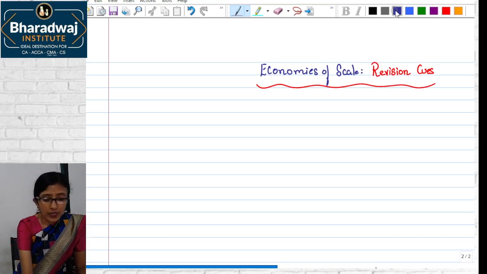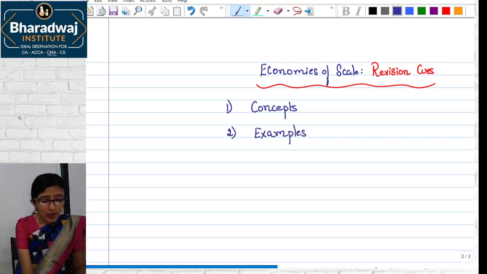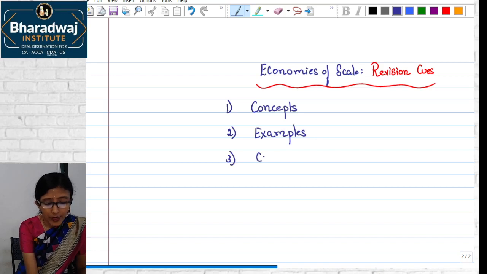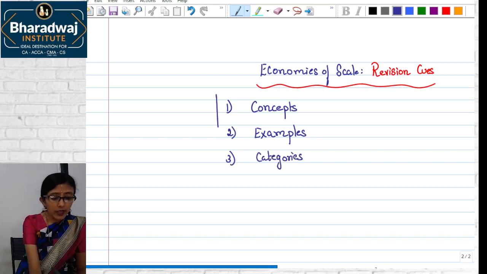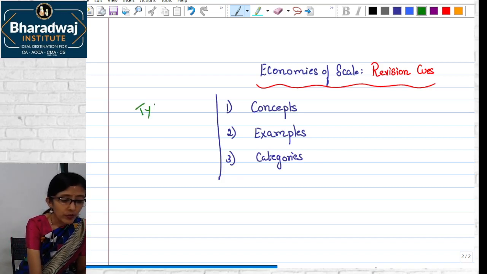Okay, first see concepts. Second, examples. This is how you have to prepare. And categories. These are the types of questions asked in the examination, which is what I'm going to show you as slides.